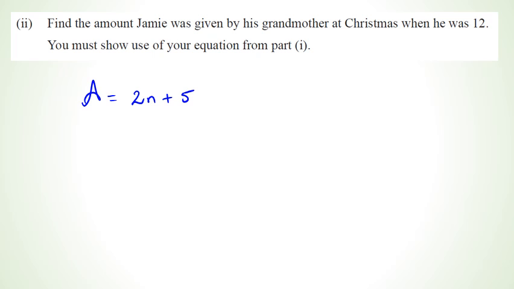So now you're trying to figure out when n equals 12, what is A? So you have A equals 2 times 12 plus 5, and this equals 29. And this is worth achieved. Okay, let's go to the next question.